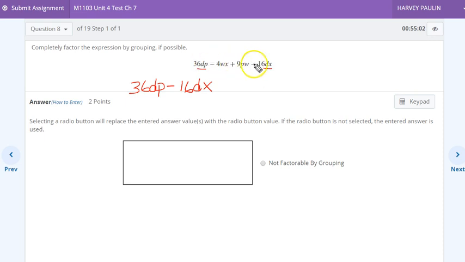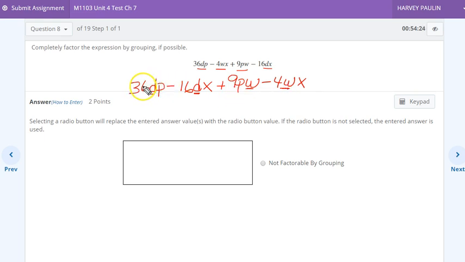So I've worked with these two. Now I want to rearrange these, but since this is a larger number and a smaller number, I'm going to put the plus 9pw there, and this negative 4wx there. So after studying, I've rearranged these, and I have a common D there, and a common W there.